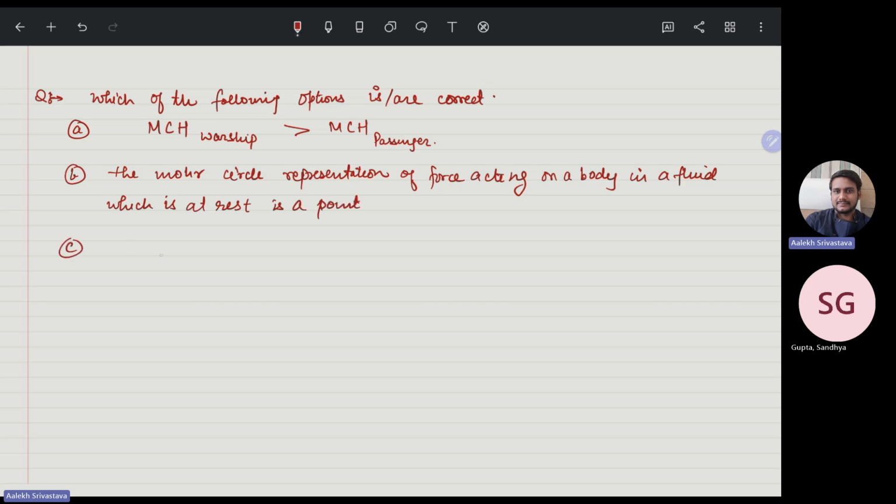The C option is a glass filled with a liquid falling freely has zero pressure at the bottom.